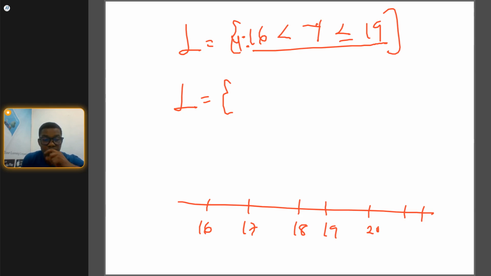So we have 16 less than y, less than or equal to 19. For an inequality like a less than x, less than or equal to b, we can represent that on a number line. Where is 16? We have 16 here, so let's give a circle here. We identify 16, and again, we need to identify the other number.